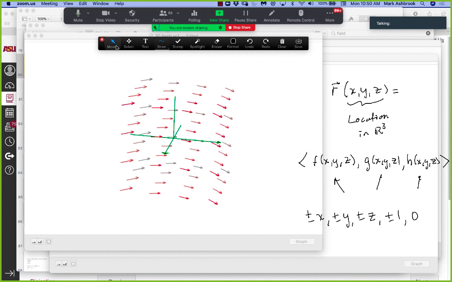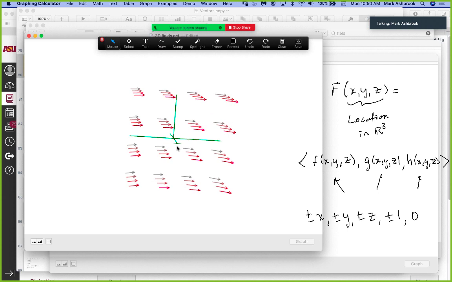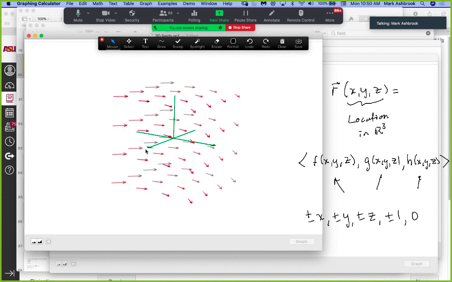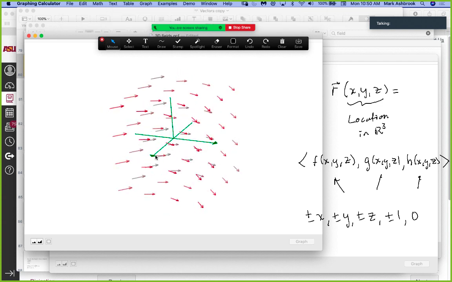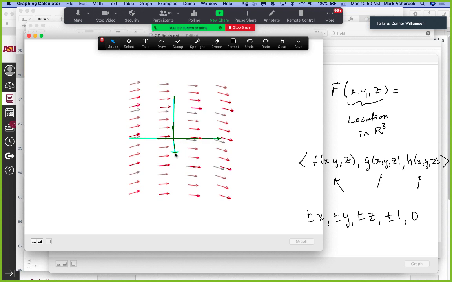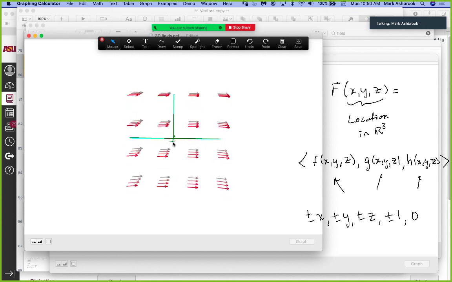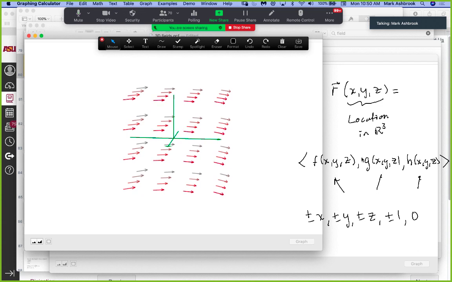Okay? So this first one. Is there any component that we can know right off the bat here, looking at this vector field? It's like y is always positive. Okay, well, y is always positive. That's a good first.